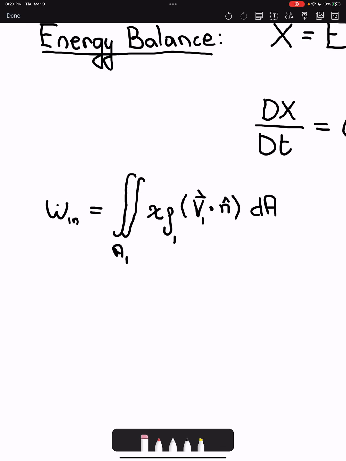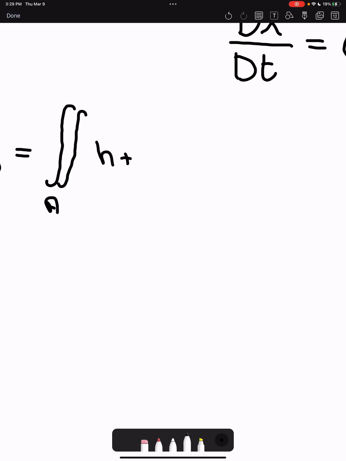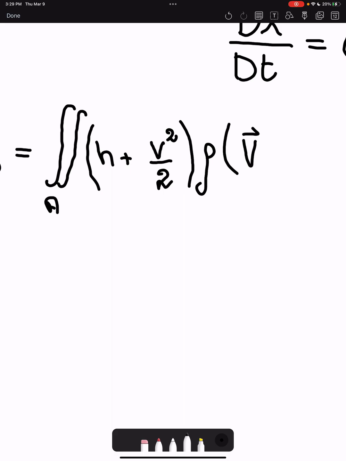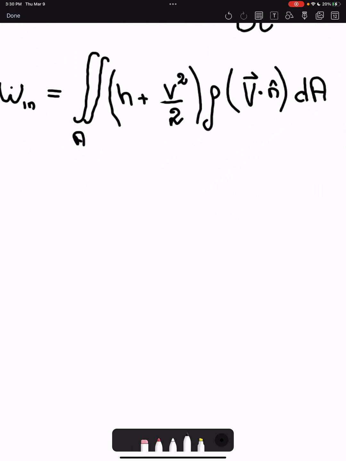But first, actually, what I want to do is put what x is. So x is going to be h plus v squared over 2. That's our x. Then we have our rho. And then we have our v vector dotted with our normal vector to the control volume's surface, integrated over that surface.